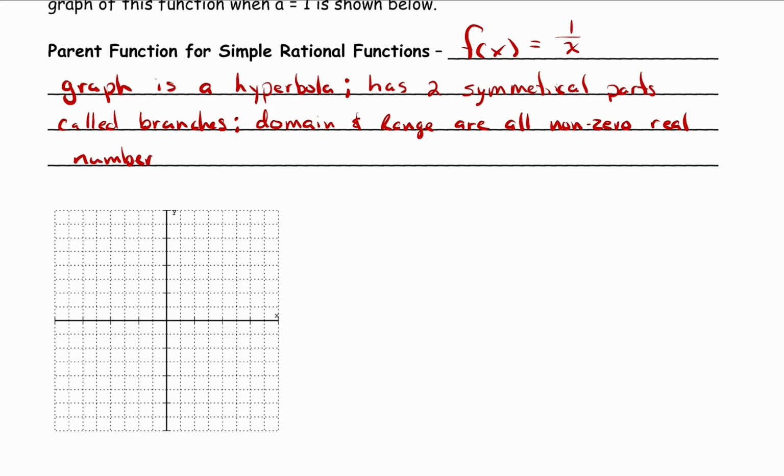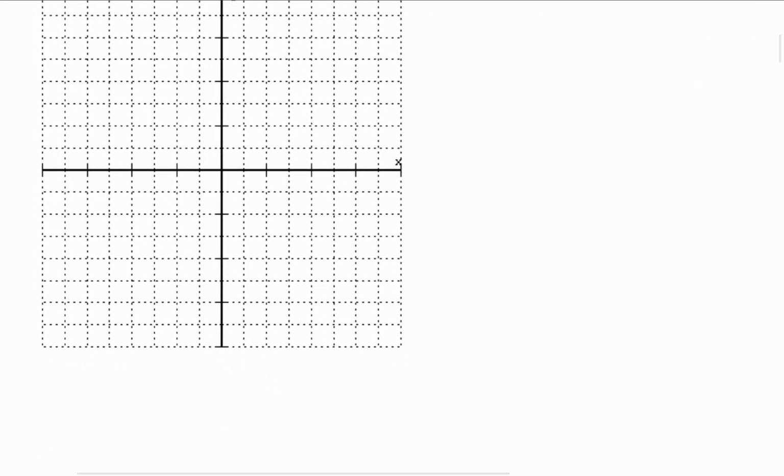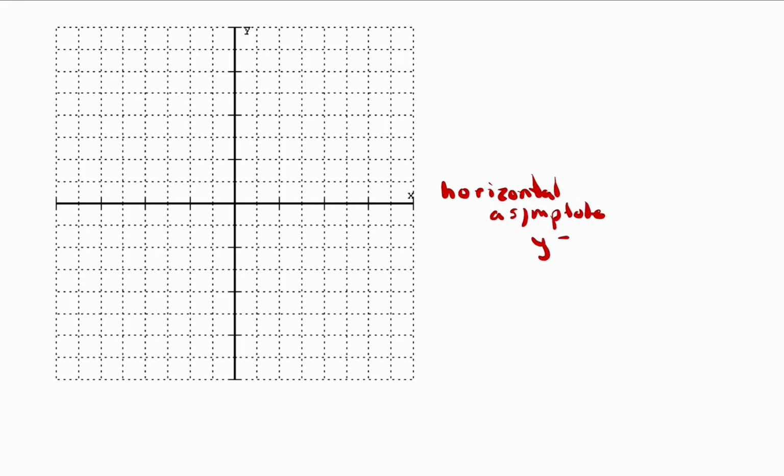And as we've talked about before, that means that we can have positive and negative numbers, we can have decimals, we can have irrational numbers, we just can't have 0. So if we take a look at what this graph is going to look like, we are going to have a horizontal asymptote at y equals 0.